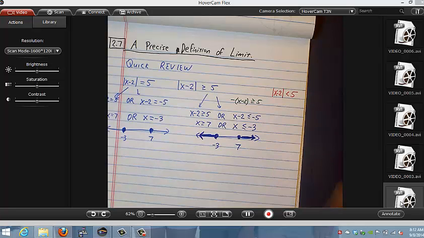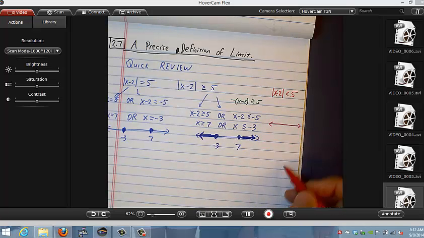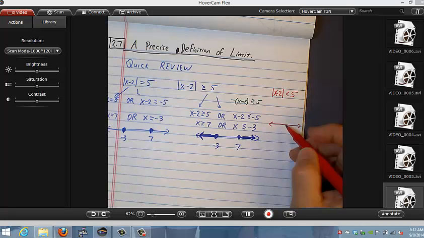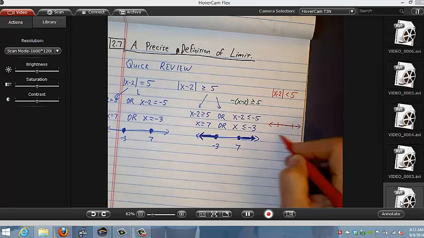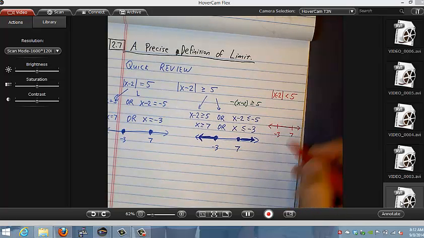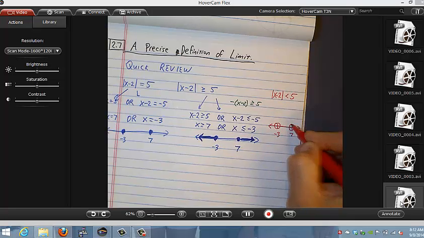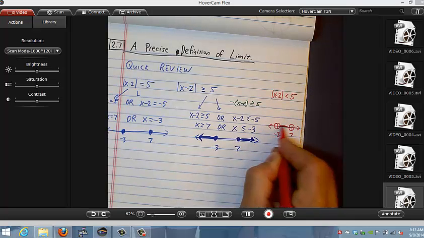So why don't I just go right to the graph? What would it be? All the points between -3 and 7, right? And we'll put open circles around it because this is what's called an open interval, actually. You don't include the endpoints, okay?